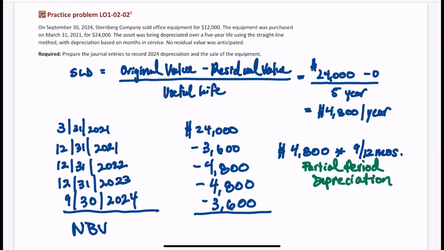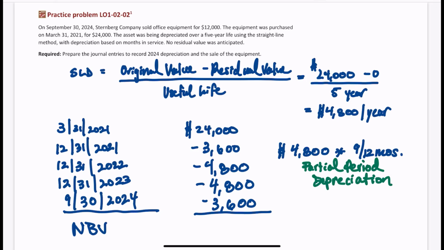So we're basically going to add these numbers up and see what the net book value is. So let's say 24,000 minus 3,600 minus 4,800 minus 4,800 minus $3,600.